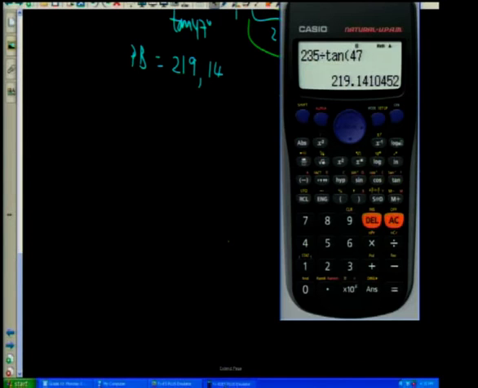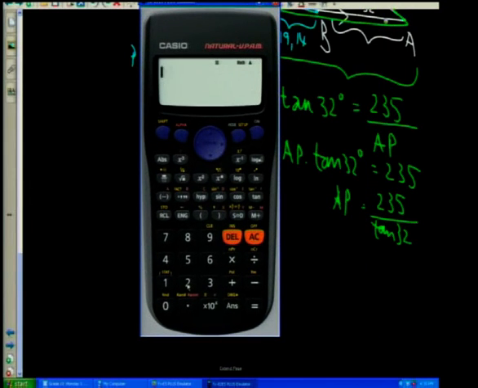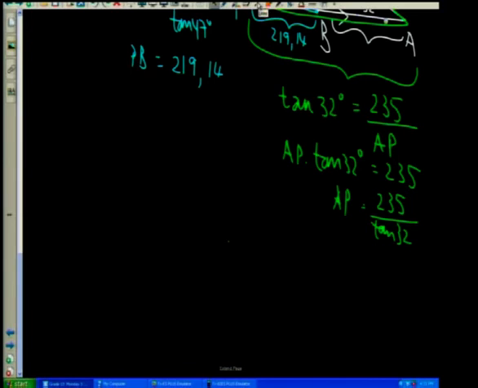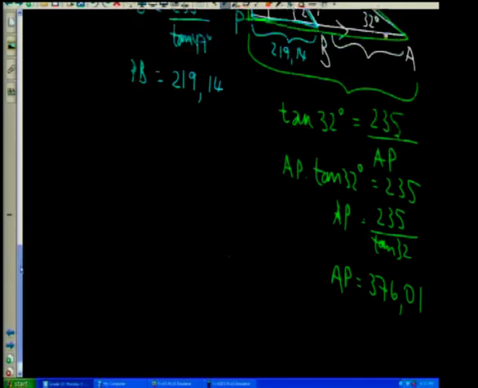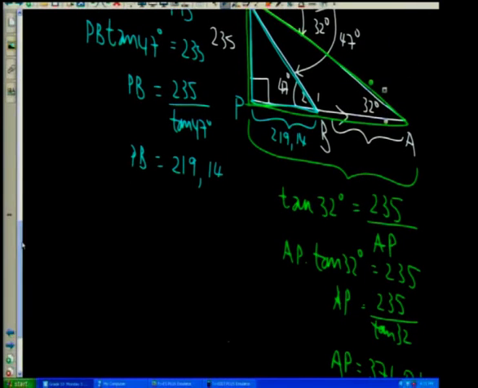Our calculator gives us 235 divided by tan 32, which is 376,01. So that is this length here, 376,01.